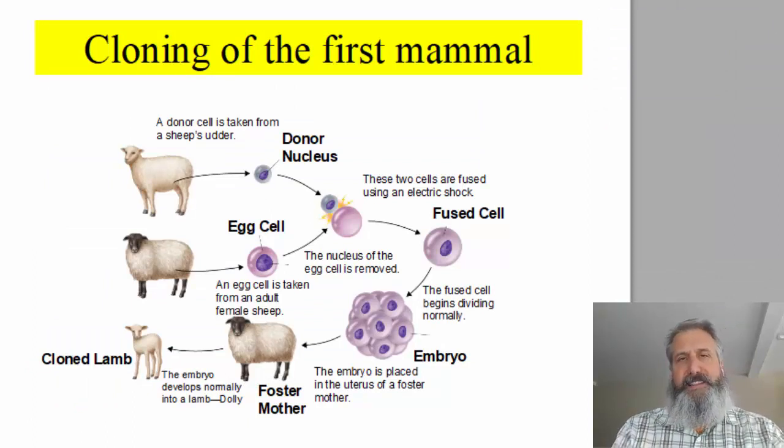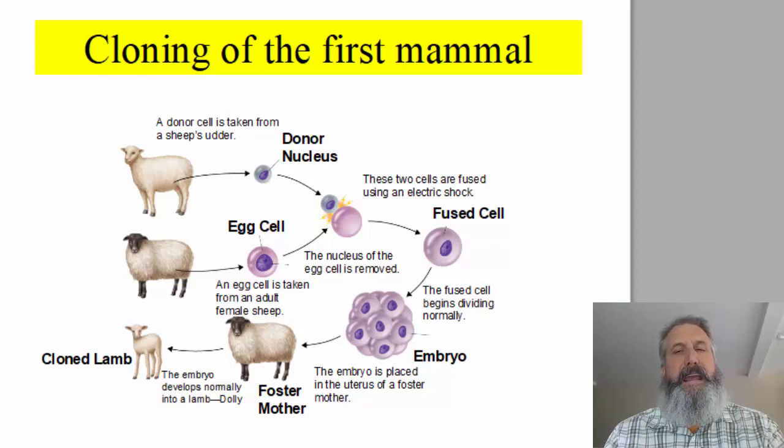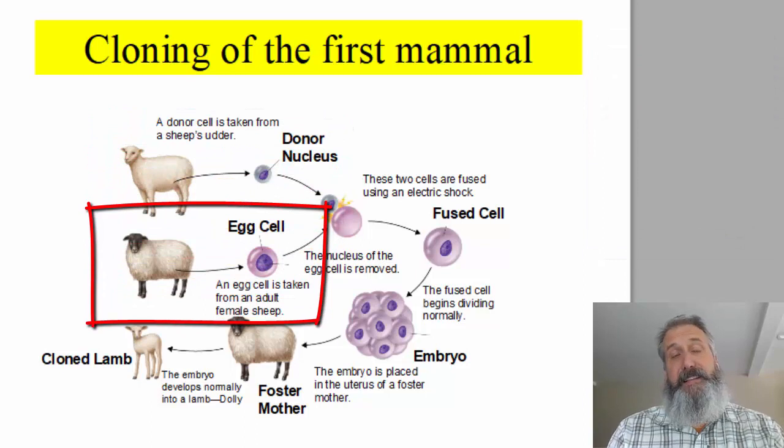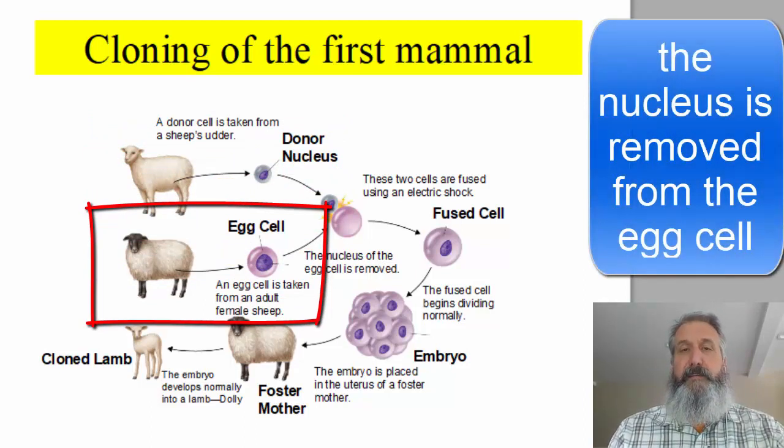Let's take a closer look at this diagram to help us understand the process. A donor cell is taken from the udder of the sheep that is to be cloned. This means that all the genetic information that ends up in the clone will be coming from this one sheep. An egg cell is then taken from another donor sheep, and the nucleus of that egg cell is removed.